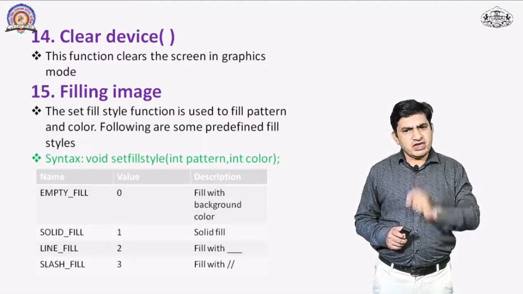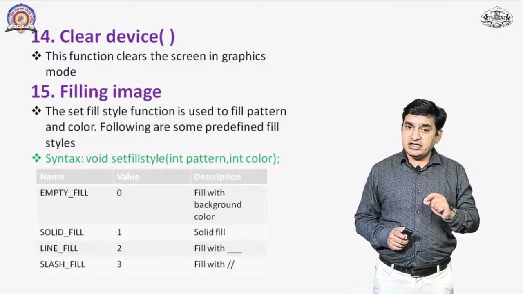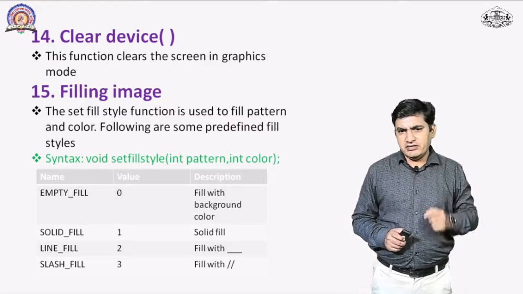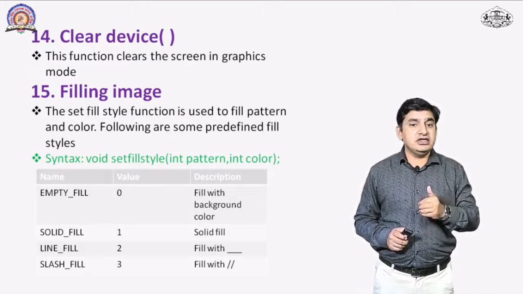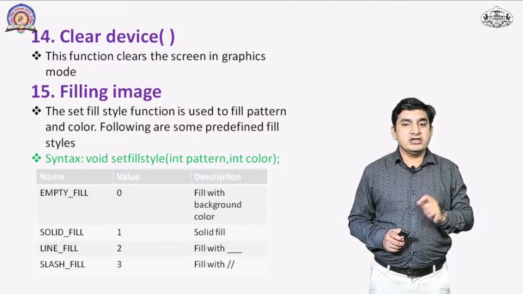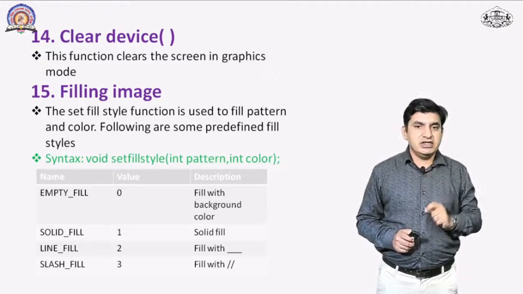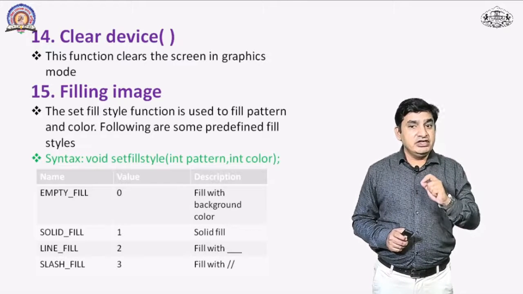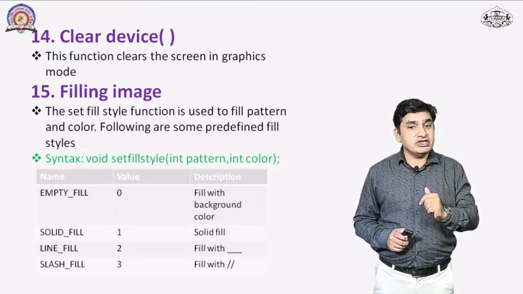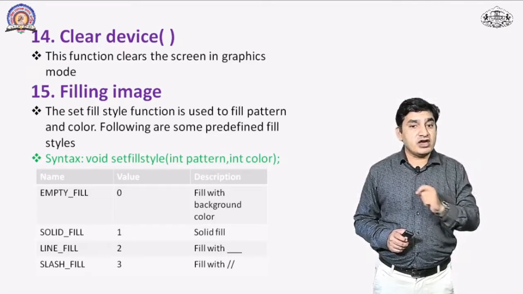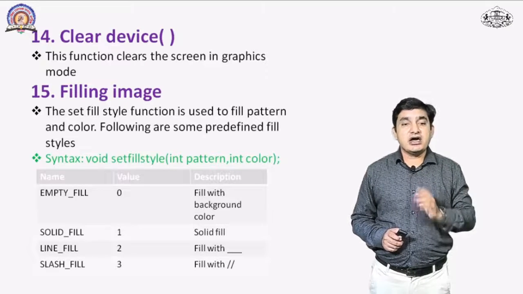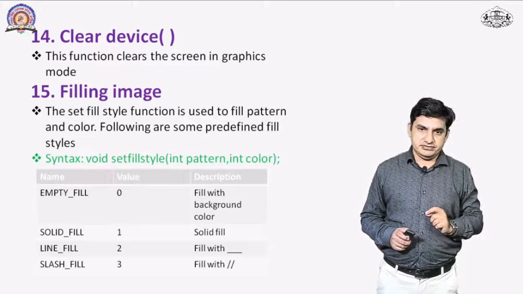If we use 1 as the pattern, it is used for solid fill. When 2 is used, it is line fill, but the lines are horizontal lines. If we use 3 as the pattern, it is also used for line, but slash fill, and the lines are inclined lines.